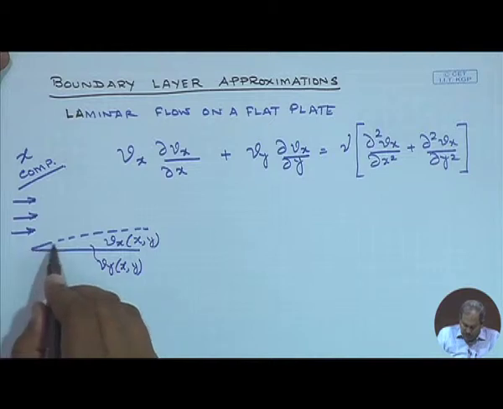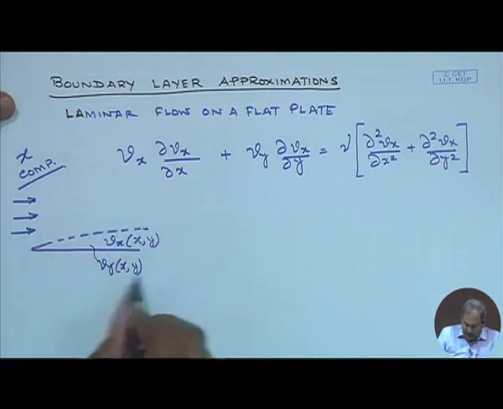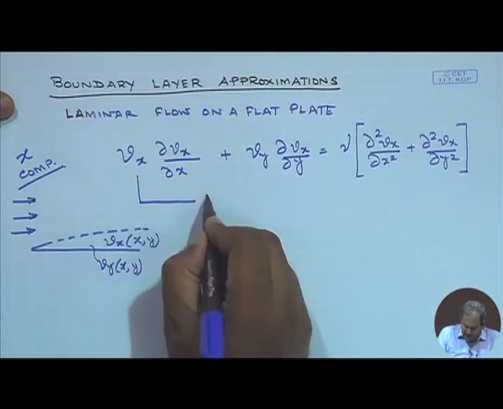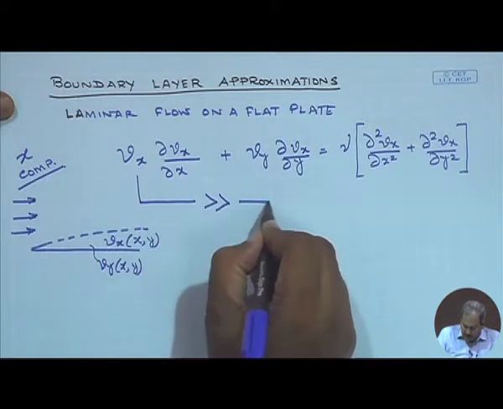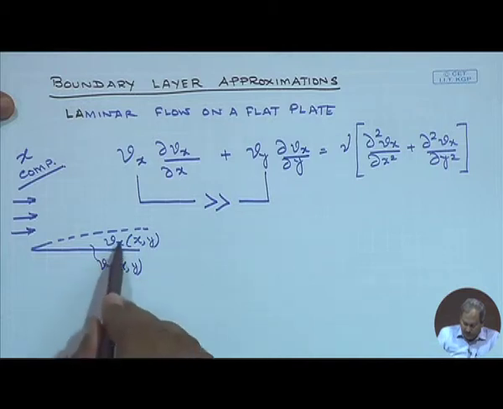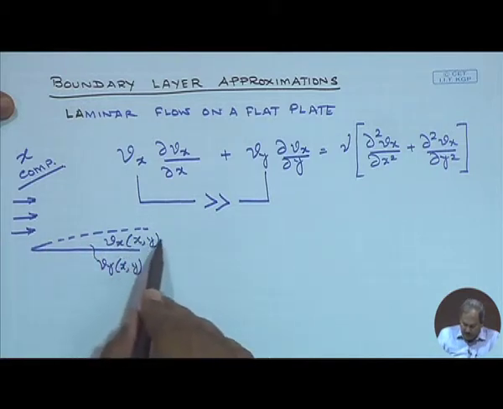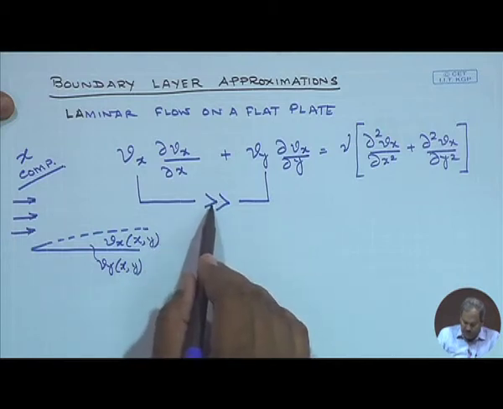But if we just analyze this, we can simply say that Vx is going to be very large compared to Vy. Vx, the component in the principal direction of motion, must be significantly higher than Vy.